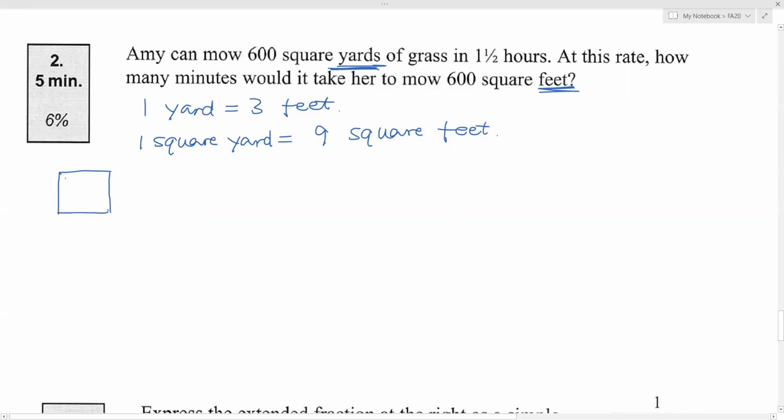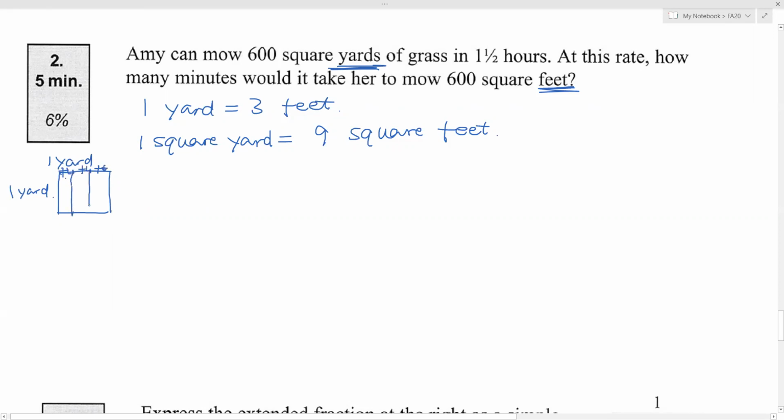If this is a square yard, 1 yard here, 1 yard here, and you said 1 yard is 3 feet, okay? So this is 1 foot, another foot, another foot.